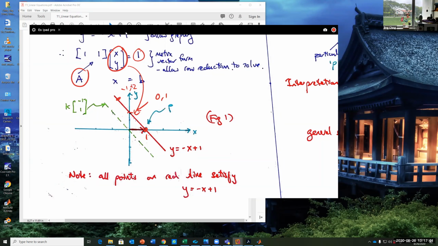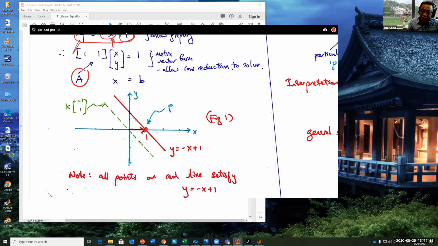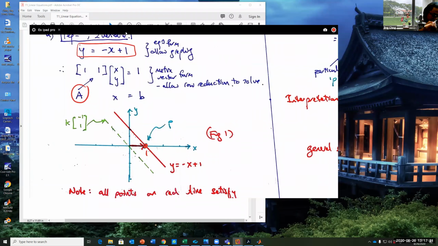And you know how to do that because, in fact, you know the equation. The equation says once you have given me x, I can find y because it's something minus x plus 1. So it might take you a little bit of thinking to go from the graph to the solution. And the solution is nothing but the graph, the line. The line that says this whole equation is true. That's the idea.